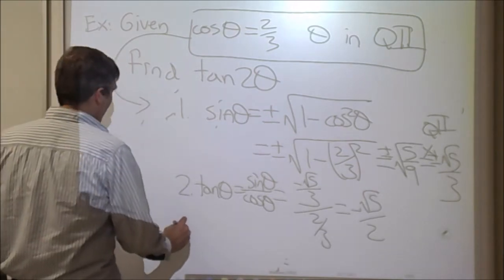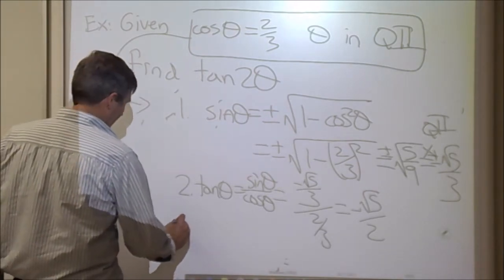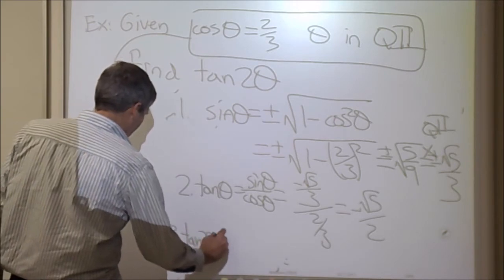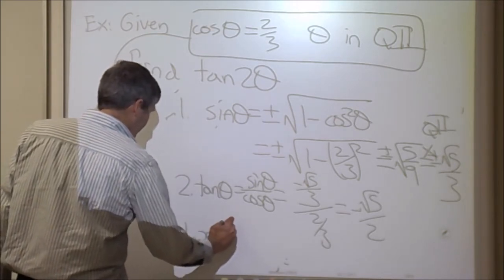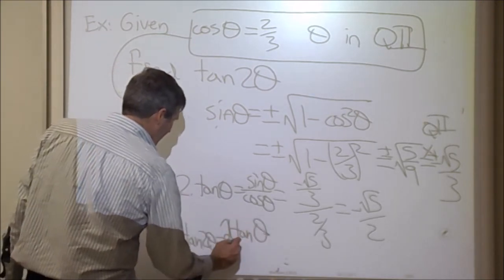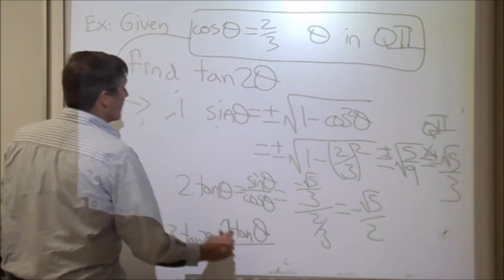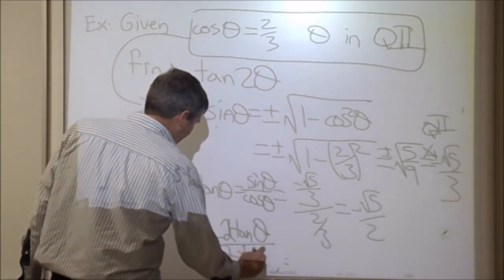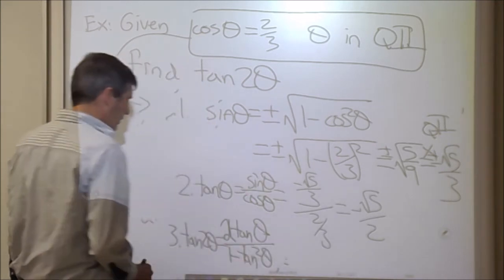Now finally, by the double angle formula, we'll say that the tangent of 2 theta is 2 tangent of theta over 1 minus tangent tangent, 1 minus tangent squared theta, was the double angle formula.